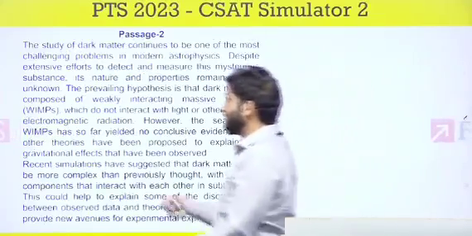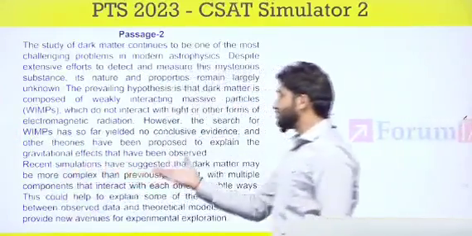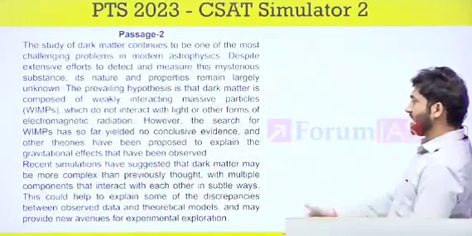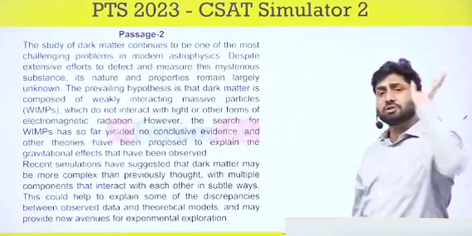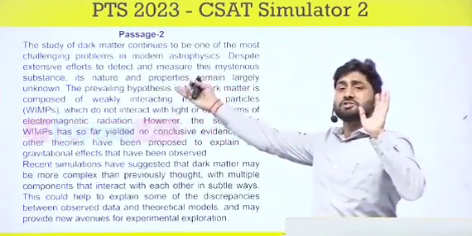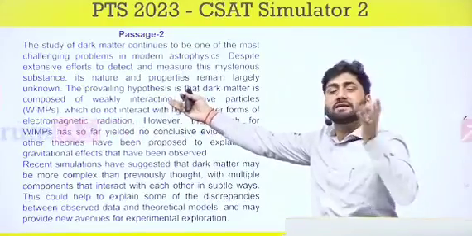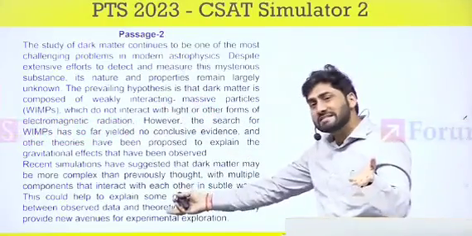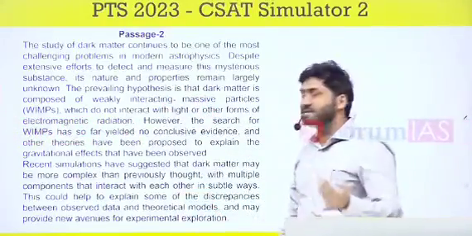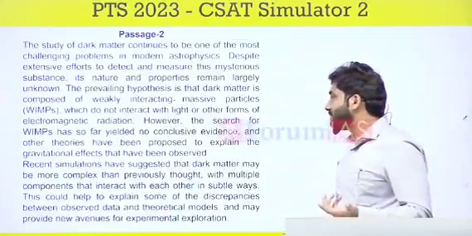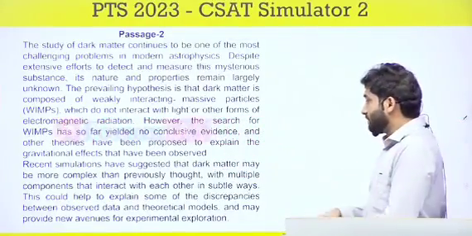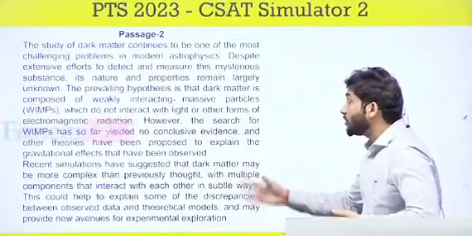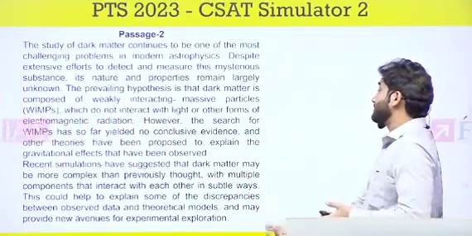Even the recent developments, see the last paragraph: recent simulations have suggested that dark matter may be more complex than previously thought. Even the first part of the passage mentions that it is complex. Even the recent efforts to study dark matter tell us that it might be more complex, with multiple components that interact with each other in subtle ways.